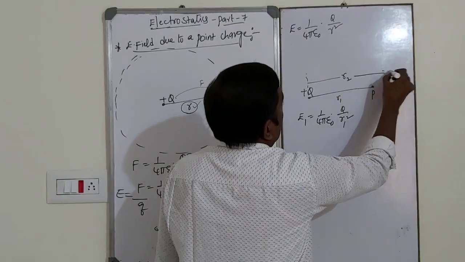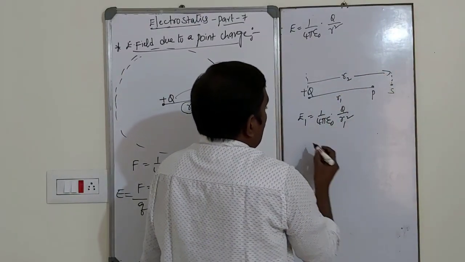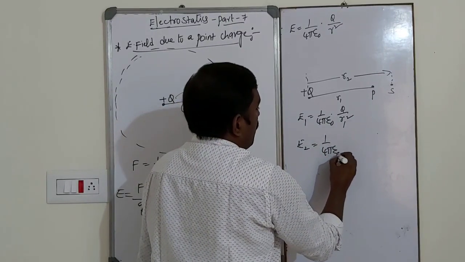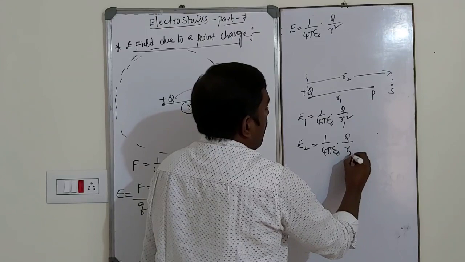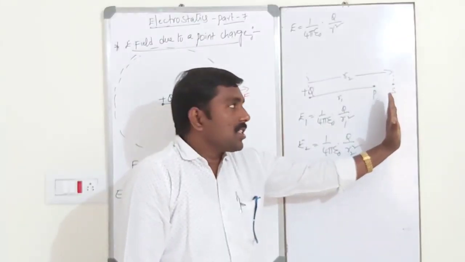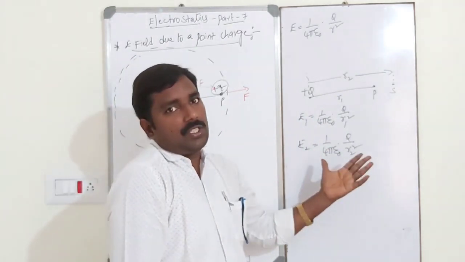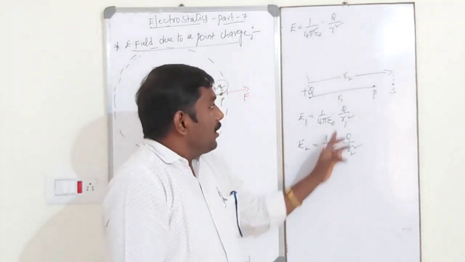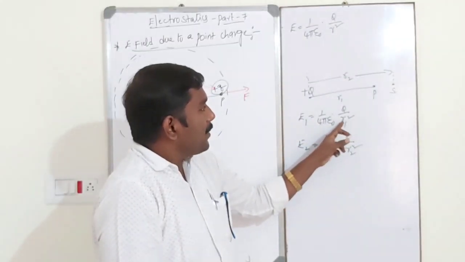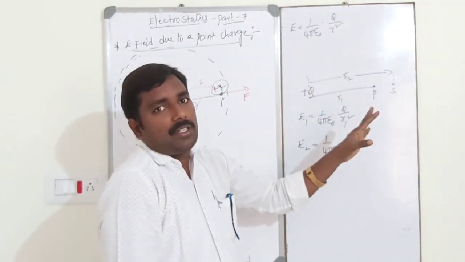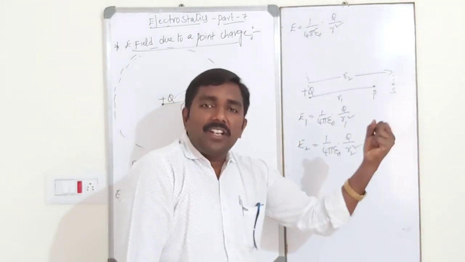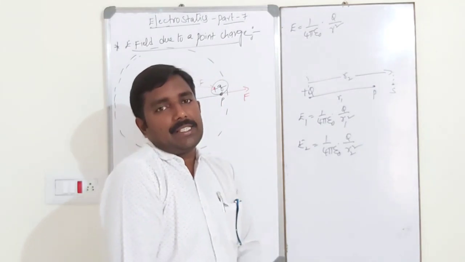Then E2 is equal to 1 over 4 pi epsilon naught Q by R2 square. So, distance changes, electric field also changes. That means electric field depends upon the distance between source charge and test charge. As distance increases, electric field strength decreases.